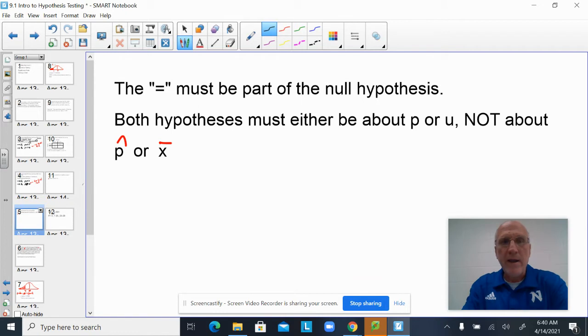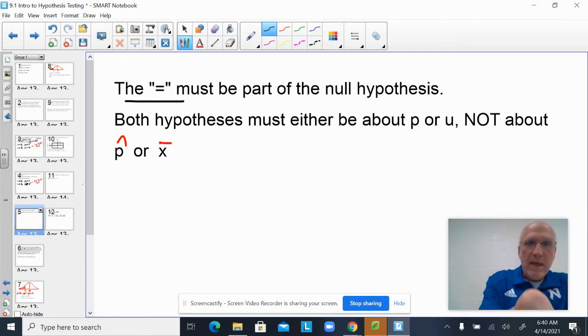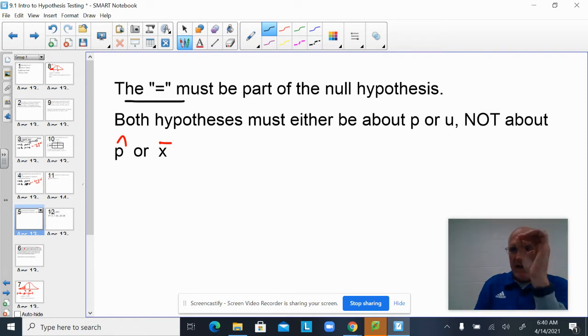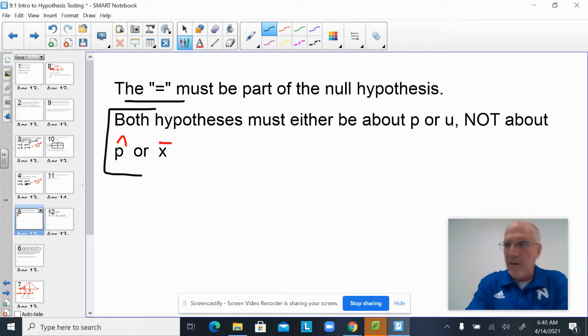All right, a couple of warnings about these hypotheses. The equal sign has to be part of the null hypothesis. It doesn't make any sense to say the null hypothesis is that P is greater than something. The null hypothesis must have the equals. And another common mistake: both hypotheses, the null and alternative, must be about P or mu.